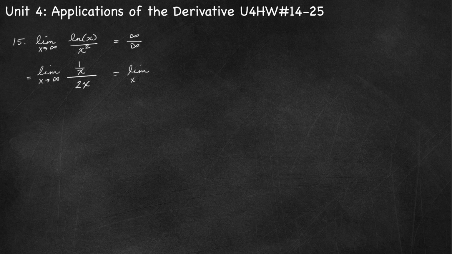So limit as x approaches infinity, 1 over x divided by 2x is 1 over 2x squared, right? Instead of dividing by 2x, we can multiply by 1 over 2x. And now, when I let x approach an infinitely large number, I have 1 over an infinitely large number, so I know that that is approaching 0. So my limit is equal to 0.